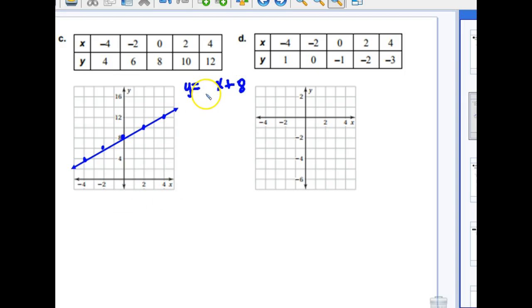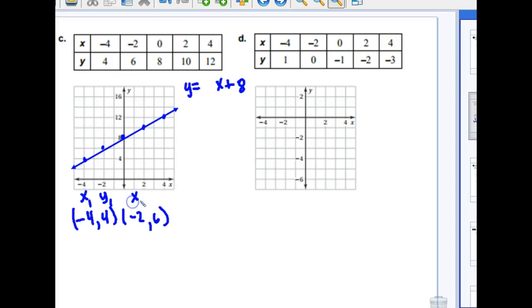Now I need to find the slope. Okay? This is where you guys are getting stuck. So I'm going to help you by picking 2. I've got -4, 4. And I've got -2, 6. I'm going to label them x sub 1, y sub 1.